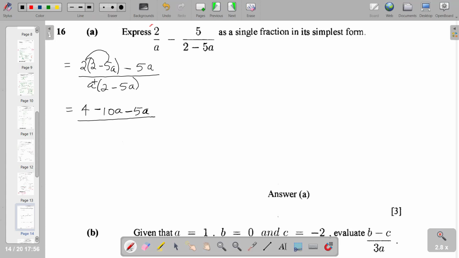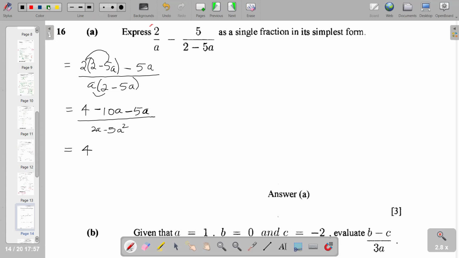When it comes here, this is going to be 2a, then this and this, it's going to be minus 5a squared. This is going to give us 4.